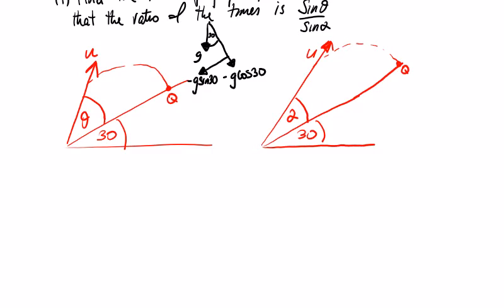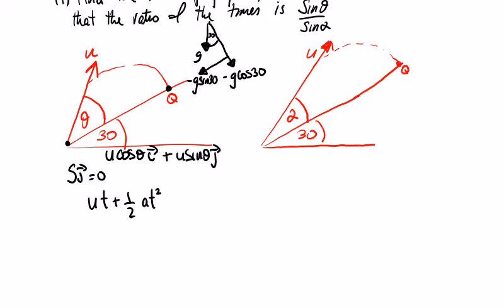So we know that the distance traveled in the j direction is equal to 0 at this point and at this point. So if we write out the equation, ut plus a half at squared, and we fill in the initial velocity for this one, which is u cos theta times i plus u sine theta times j.